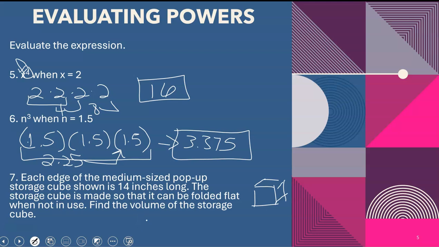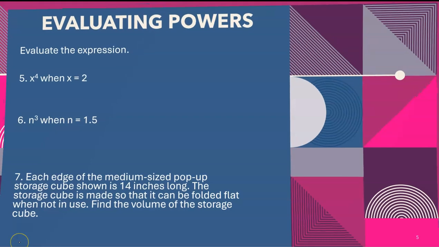In order to do this problem, we have to remember that volume is the side cubed. Well, the sides are 14. So substitute 14 3 times, multiply it by itself 3 times. We get 2,744 inches cubed.